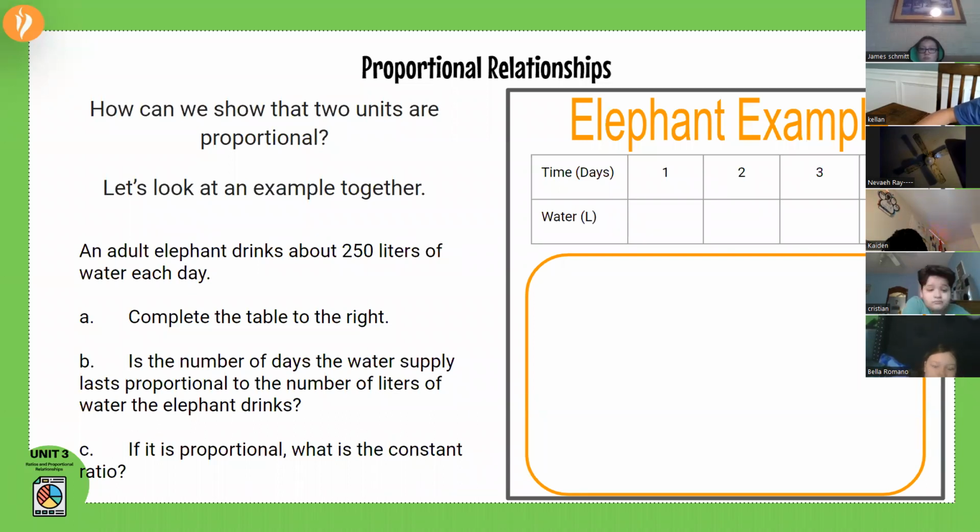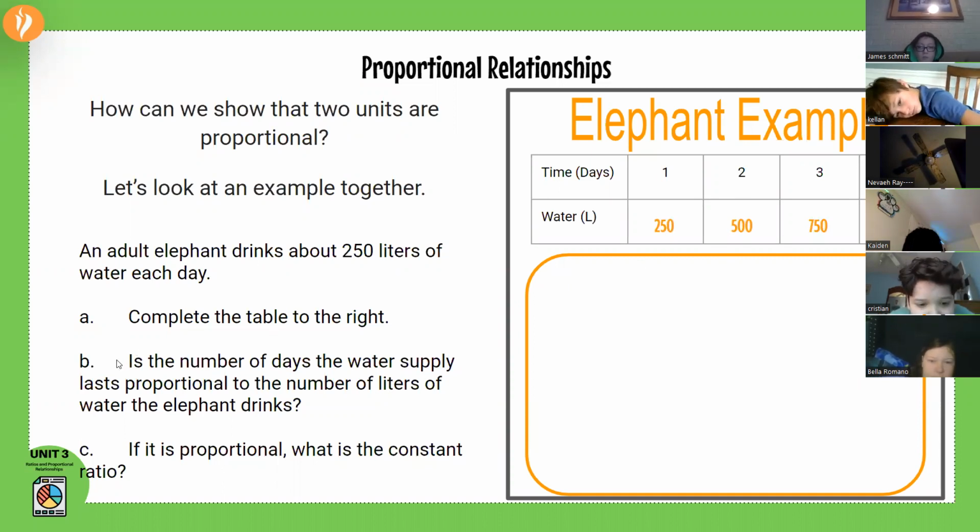What's 250 times 2? 500. Good, Evan. What about day 3? How many liters of water total would the elephant drink? 750. Good, exactly. And then day 4, the total number of liters would be 1,000.